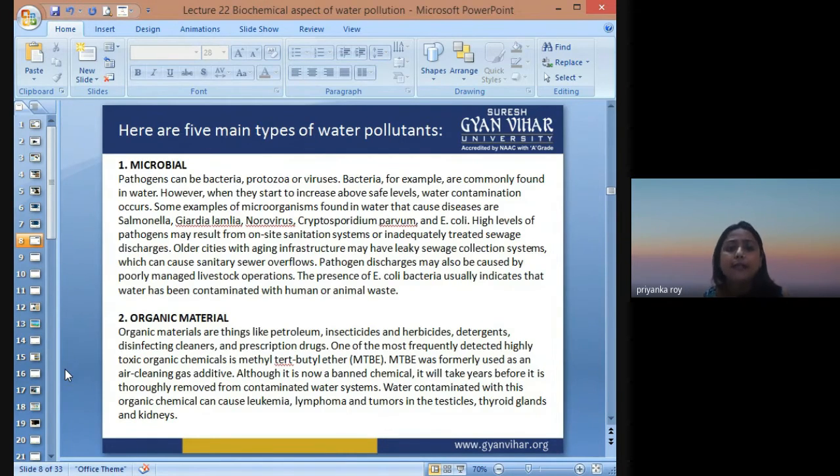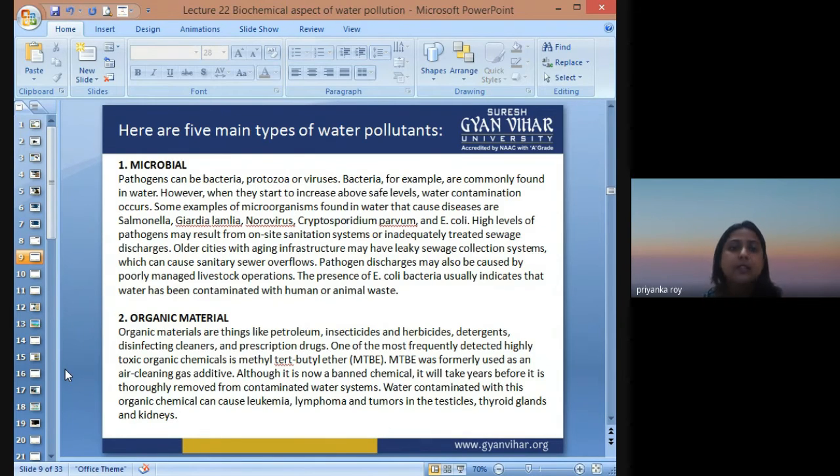Then we have five main types of water pollutants, that is microbial. Microbial pollutants like pathogens can be bacteria, protozoa, or virus. So bacteria, for example, are commonly found in water, and however, when they start to increase above a safe level, water contamination occurs.